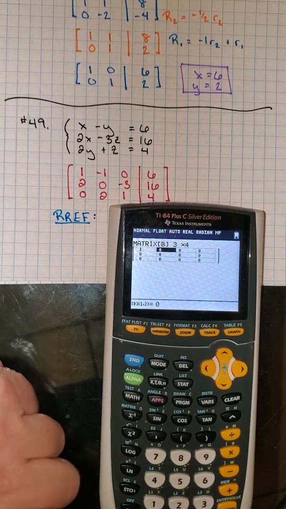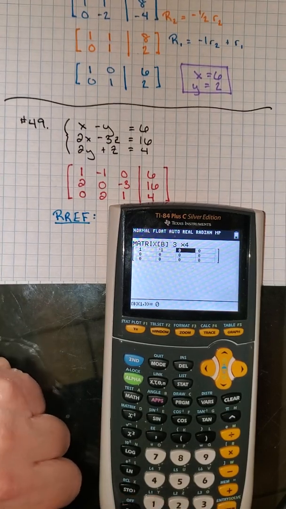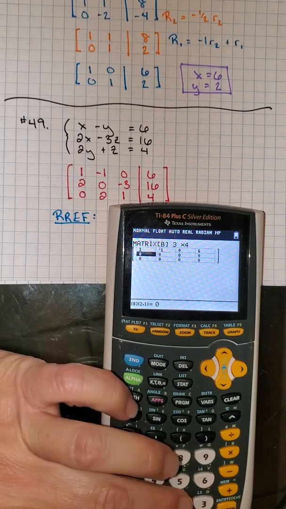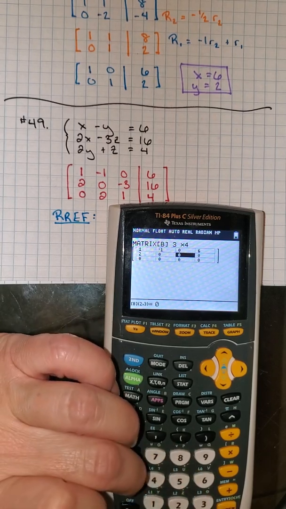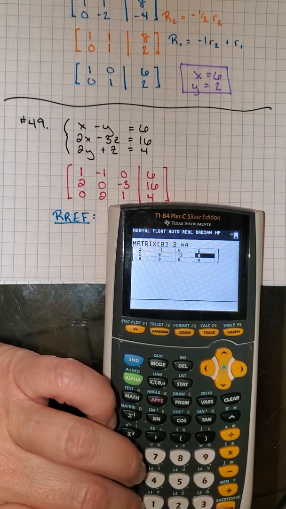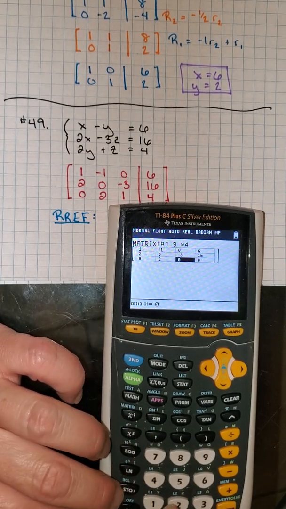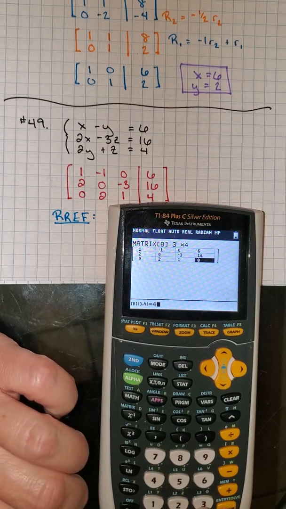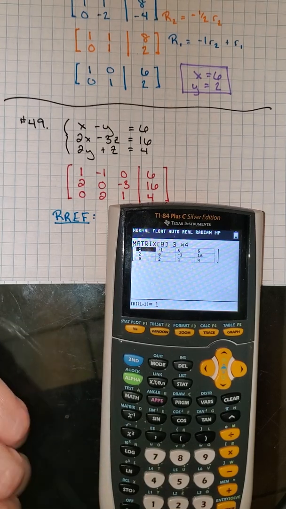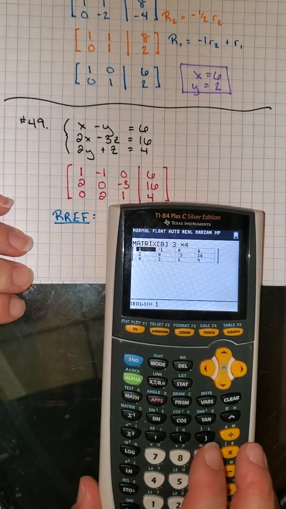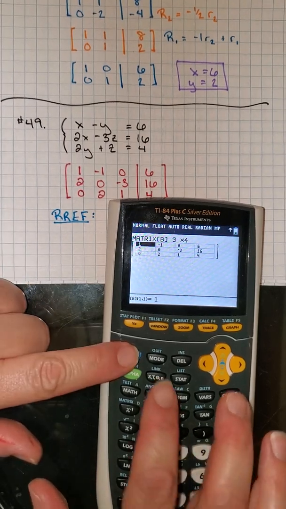Okay, and just put in the entries, 3, -1, 6. Okay, so I put in all my entries.